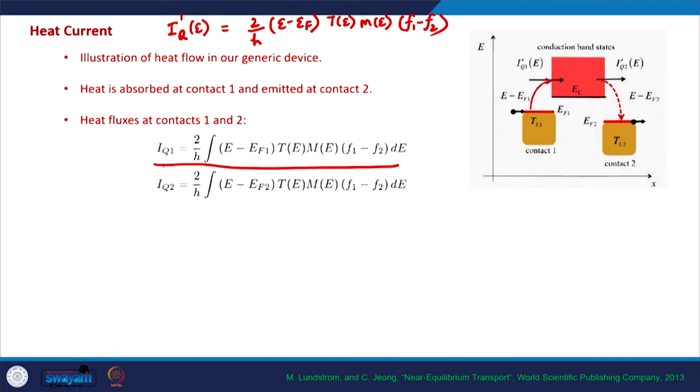And if we need to find out the heat current from contact 1 to the semiconductor, we need to integrate this over all possible energy channels, and this is what it turns out to be.